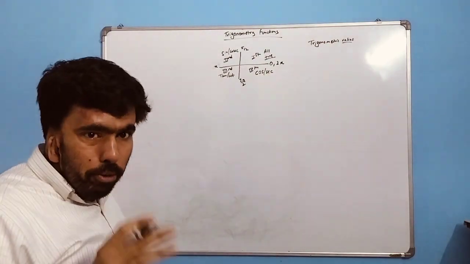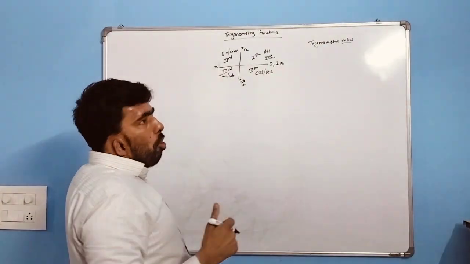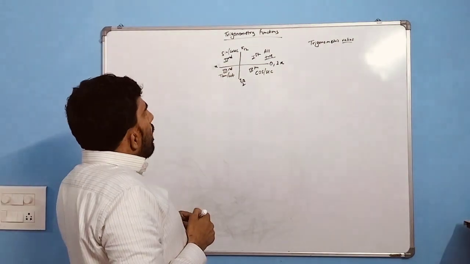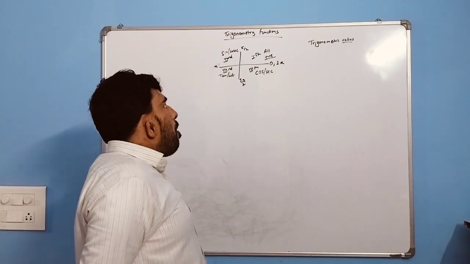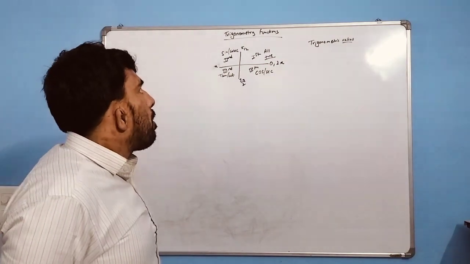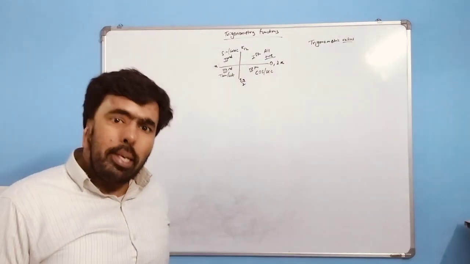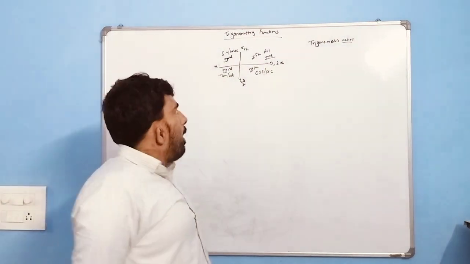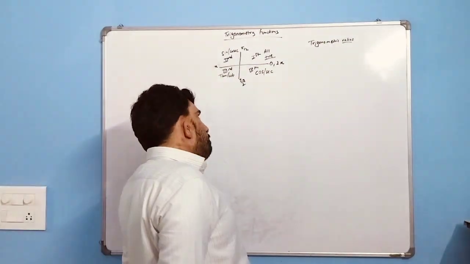Now we don't have any confusion that the reciprocal of sine is cosec, reciprocal of tan is cot, reciprocal of cos is sec. So in first quadrant all trigonometric ratios are positive. In second quadrant sine and cosec are positive. In third quadrant tan and cot are positive, and in fourth quadrant cos and sec are positive.